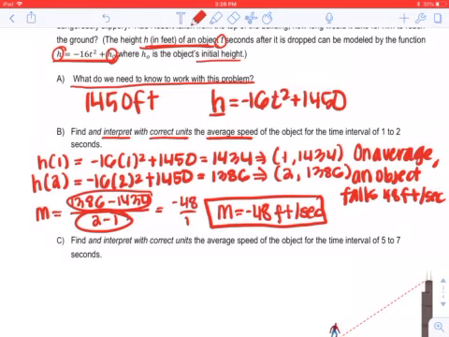And then we can't just say that's what it does, because obviously as it continues to fall, it's going to get faster and faster and faster. So we have to say on what interval that's happening. So we're going to say on the interval of 1 to 2 seconds.